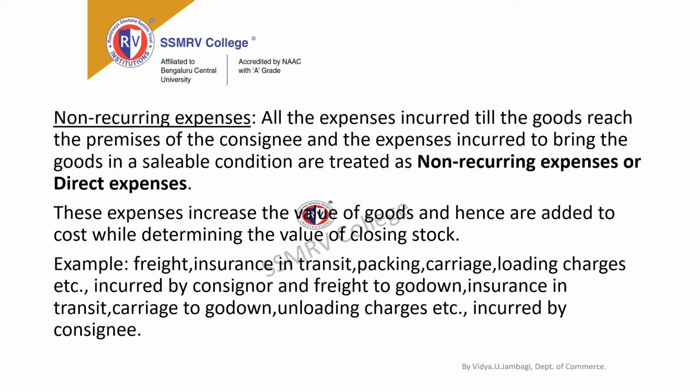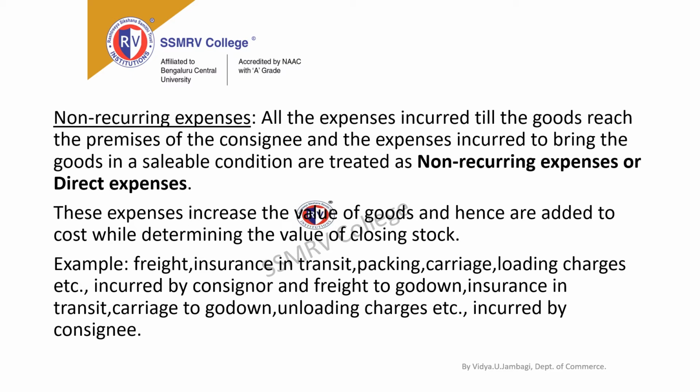That is why they are called non-recurring expenses. These expenses increase the value of the goods and hence are added to the cost while determining the value of closing stock. Again, these expenses may be incurred either by the consignor or by the consignee depending upon the terms of the agreement between them.